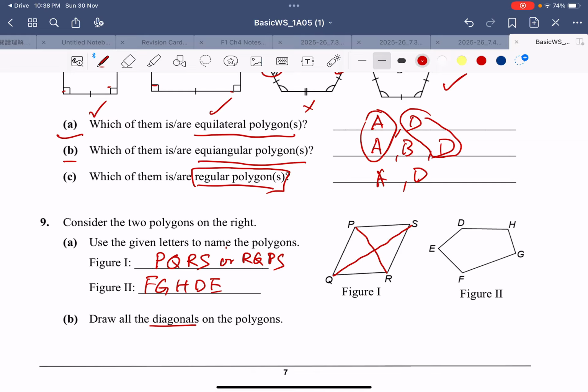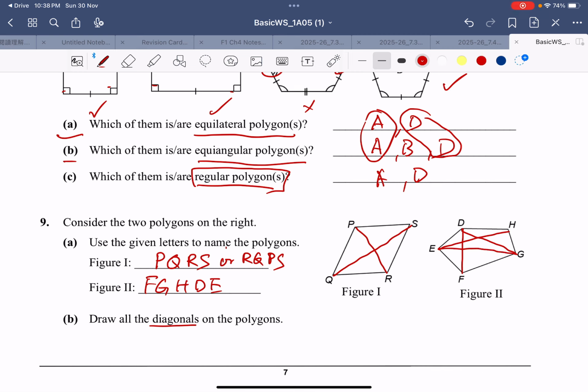And try figure 2, starting from D, put diagonals to F, and then to G. Any other? No. Okay. Move from D to E. E can have 1 diagonal to H, 1 diagonal to G. Any others from E?